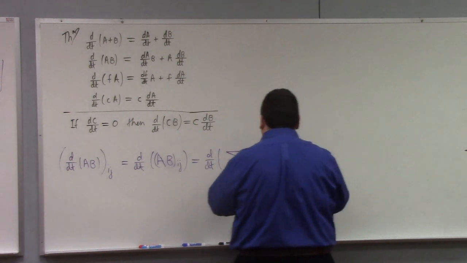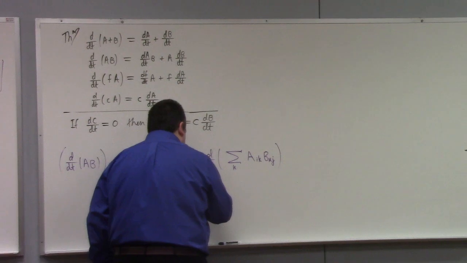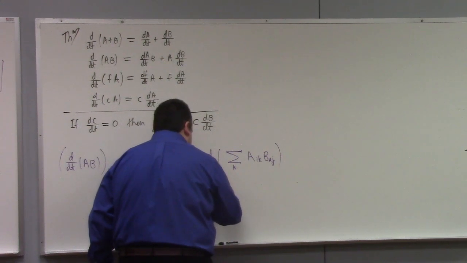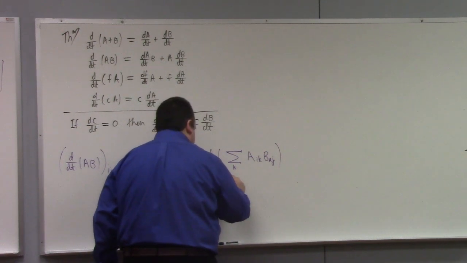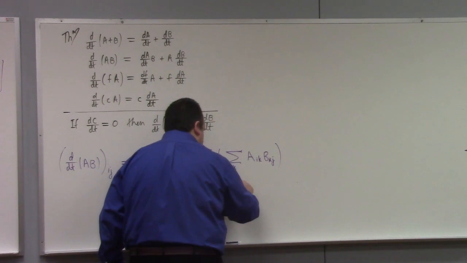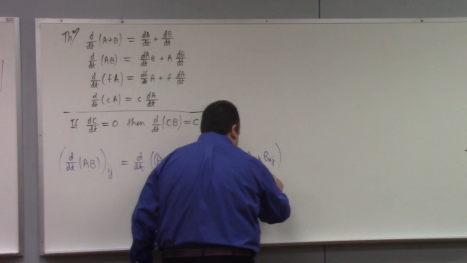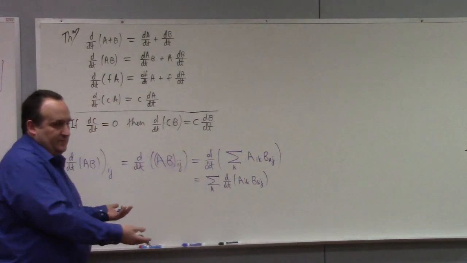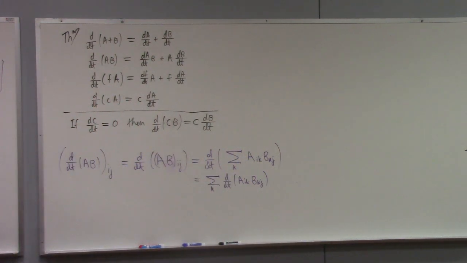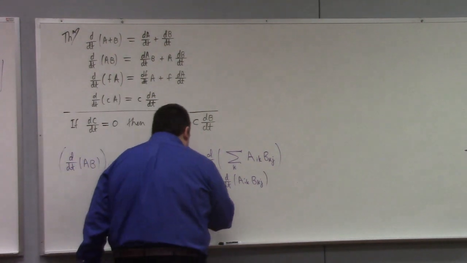But then we have an ordinary derivative. So we can pull the sum out of an ordinary derivative, right? And then what are we looking at? We're looking at the derivative of the product of aik and bkj. But what are those? That's just a product of functions of time. Those are just ordinary functions of time. So going back to Calculus 1, we know the product rule. So we do the product rule here.